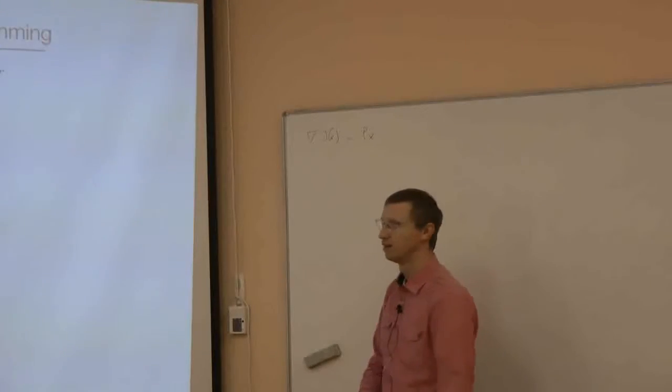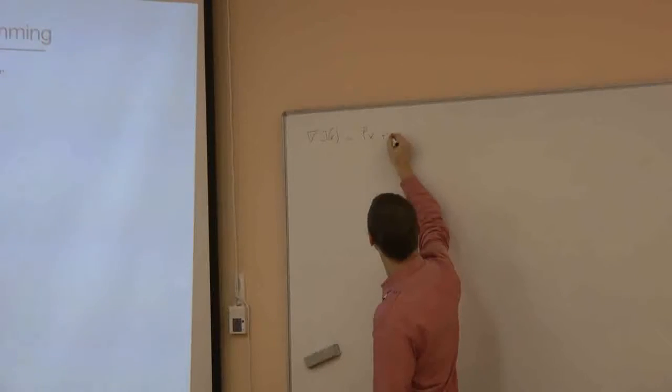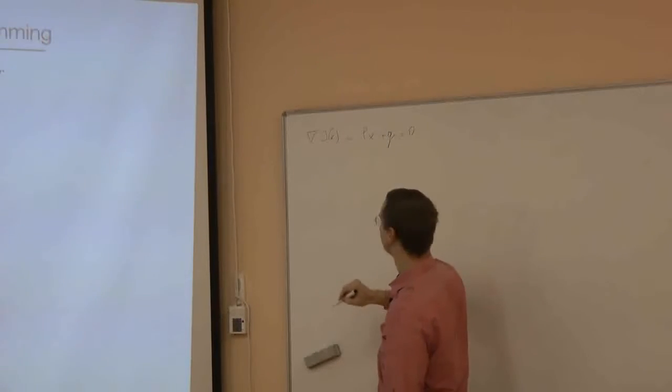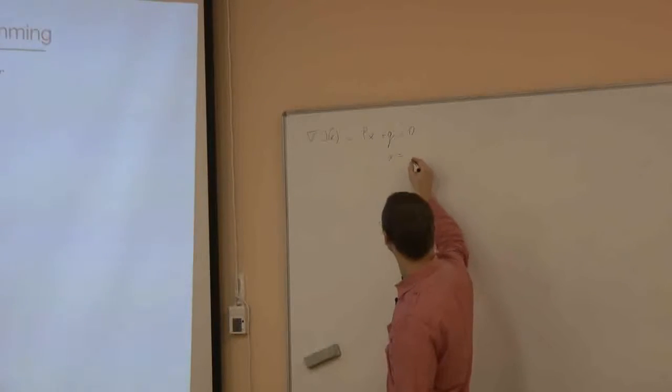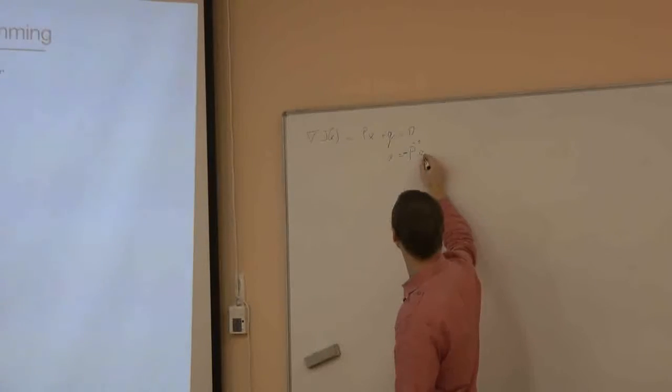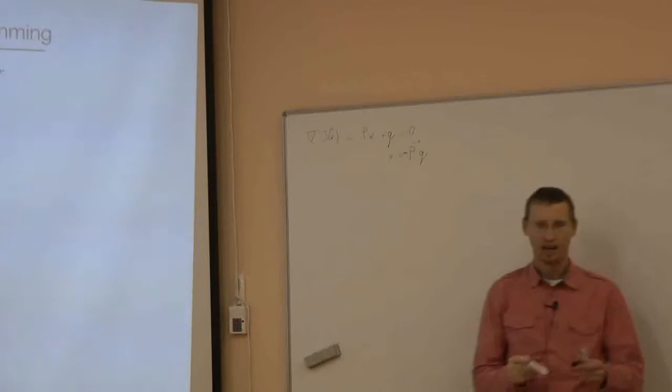So we have Px plus q, and we know that at the optimum this has to be equal to 0, right? So assuming that P is invertible, x is just minus P inverse times q.